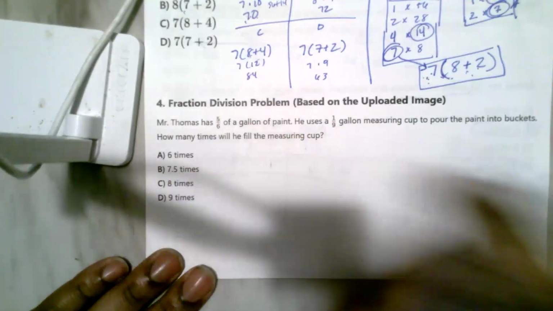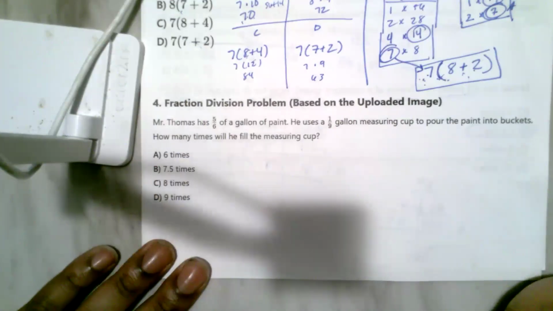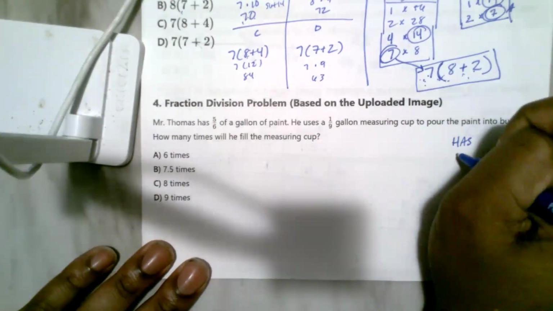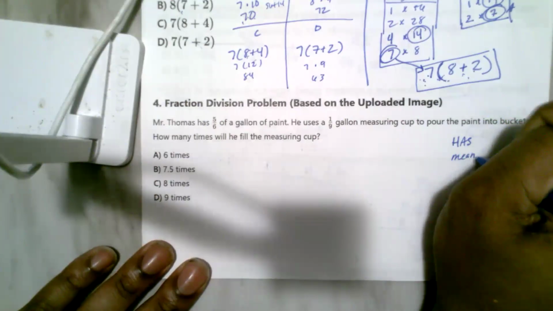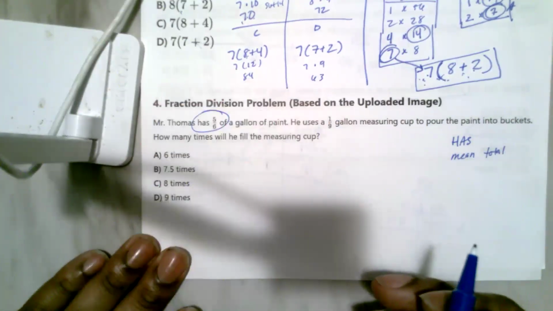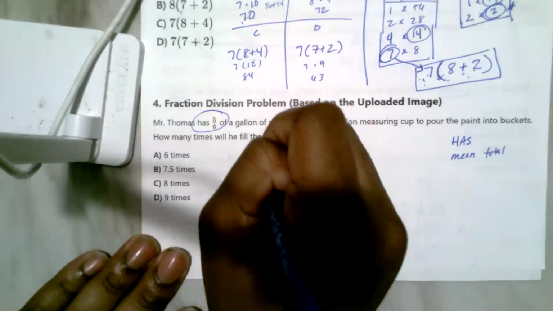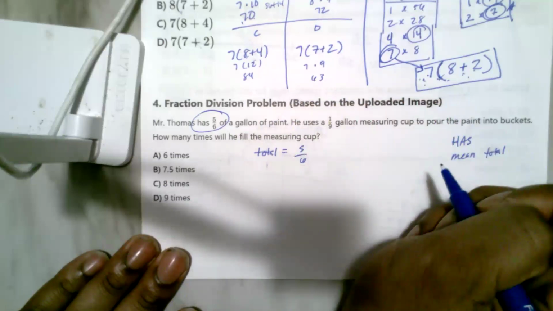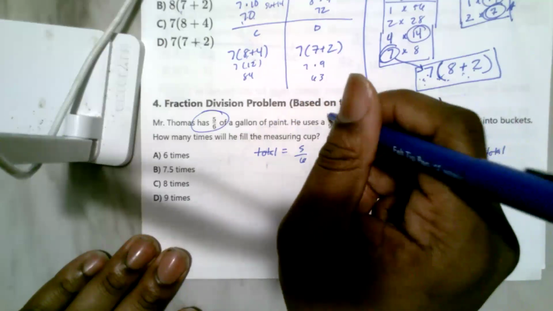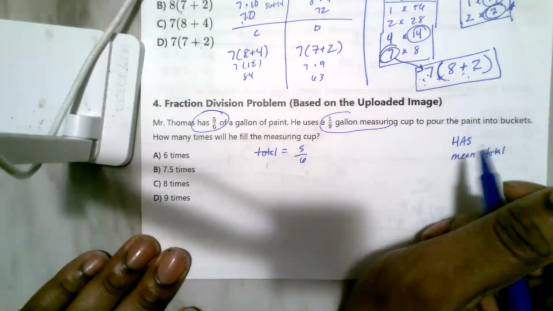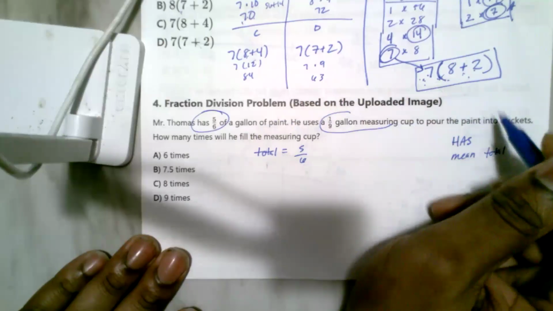Now, when you're dividing fractions, words like "has" mean total, right? What you have. So you have 5/6 gallons of paint. Okay, so your total is 5/6 gallons of paint. Now you use a 1/9 gallon measuring cup to pour the paint into buckets.